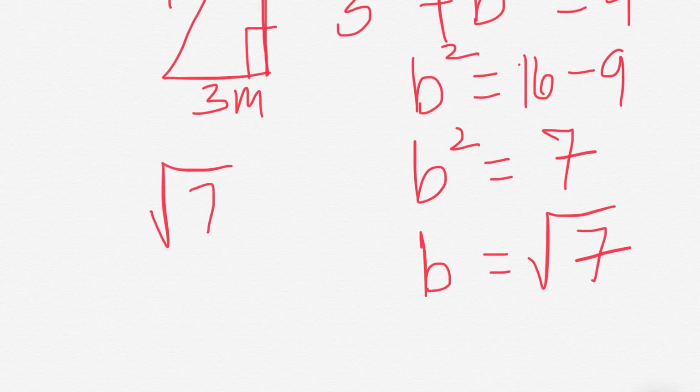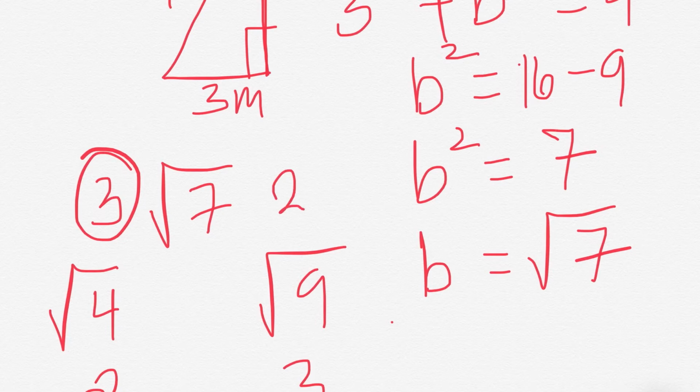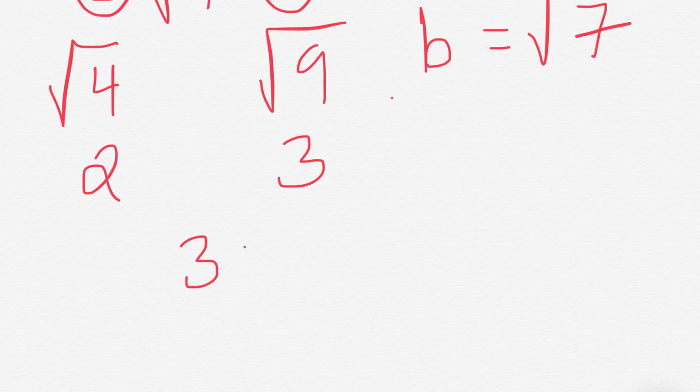So square root of 7 comes in between square root of 4 and square root of 9, which is 2 and 3. 4 is 3 away from 7 and 9 is 2 away from 7, which means they are in the ratio 3:2. The total for which is 5. However, we need 10.